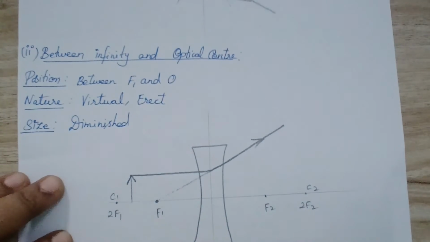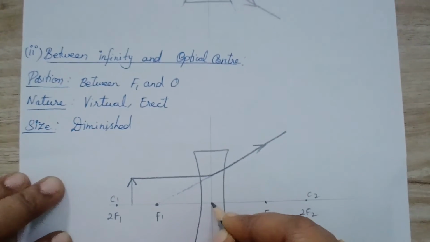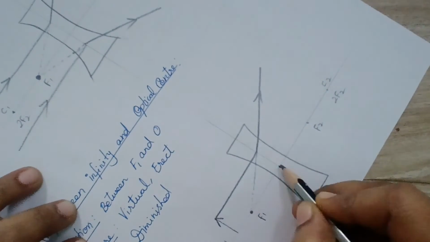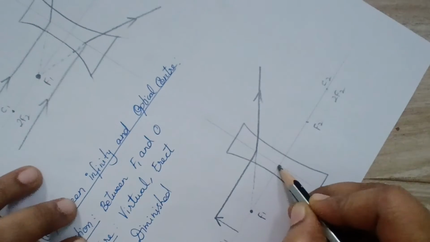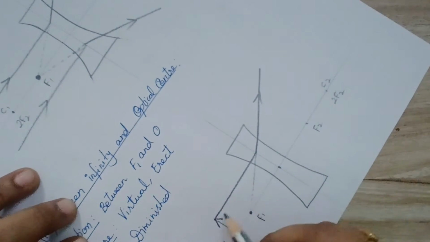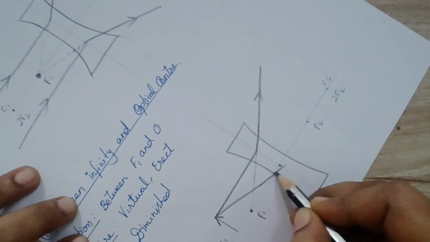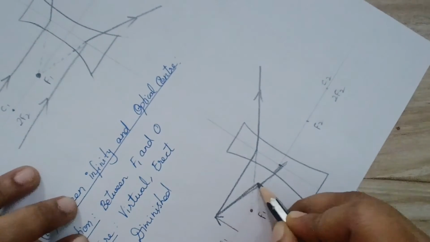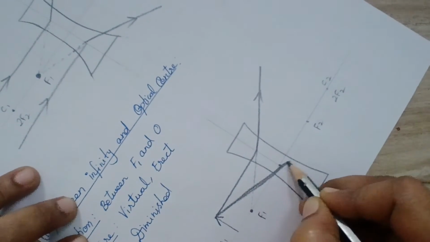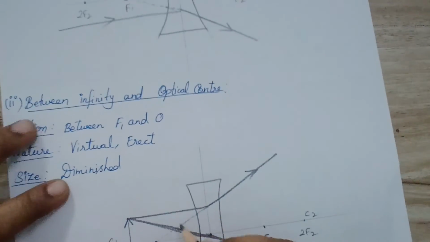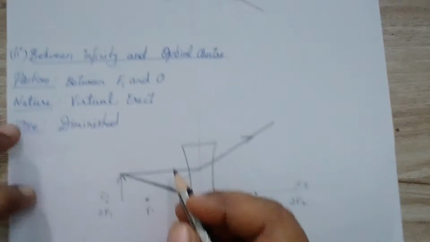We'll take another one. This is the optical center. When the ray is passing through the optical center, there is no diversion, right? Without diversion, it will go. So where is the meeting point of these two?